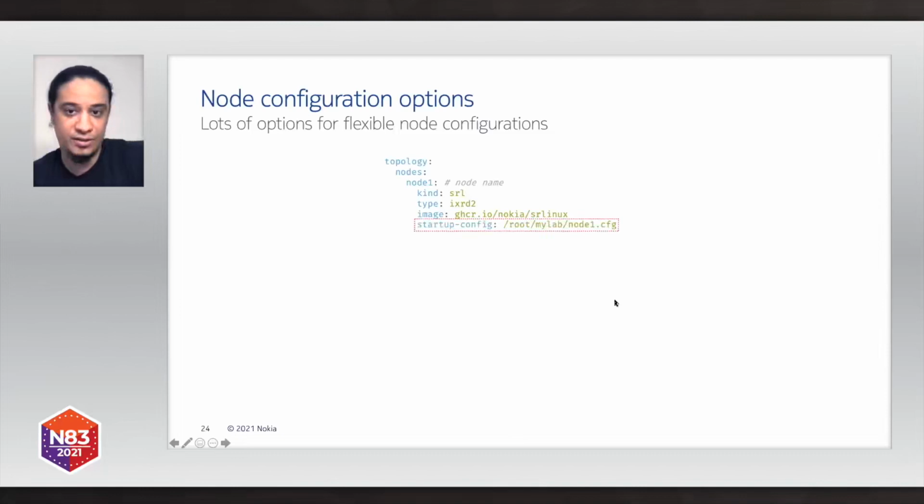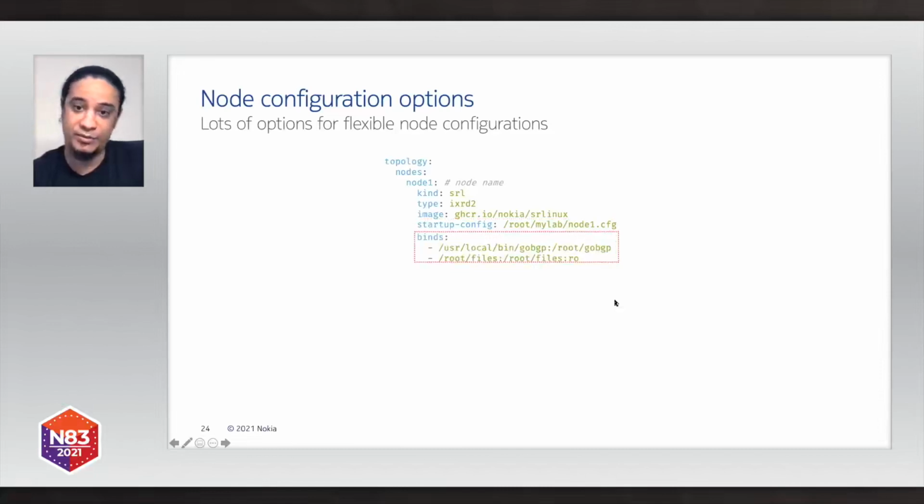You also have seen a startup config to start your containers with a predefined configuration. There is also the possibility to create binds to share files from your local host to the different nodes. Those files can be shared in read-write or read-only modes.